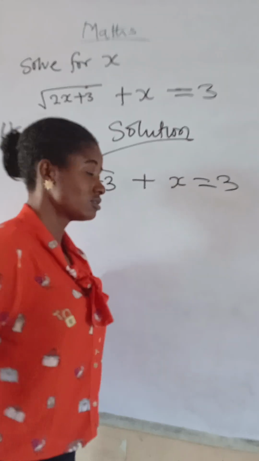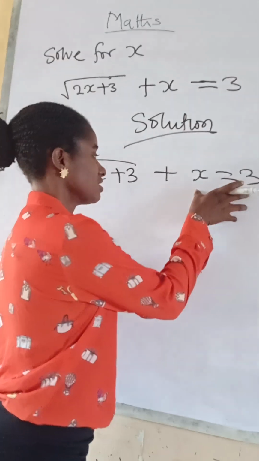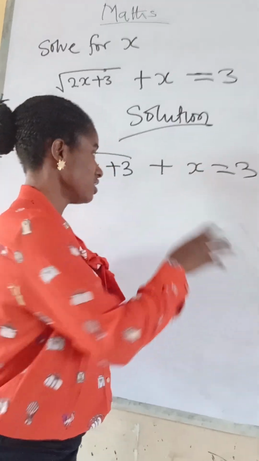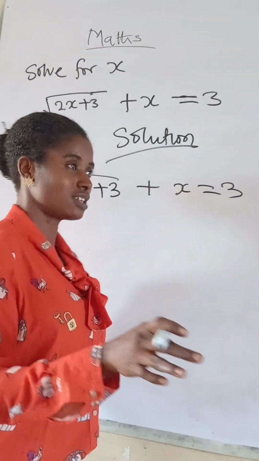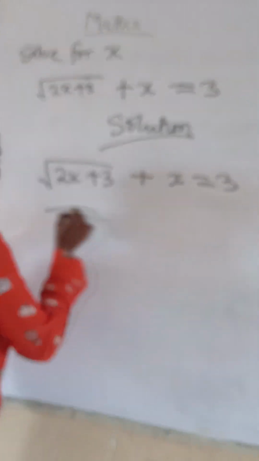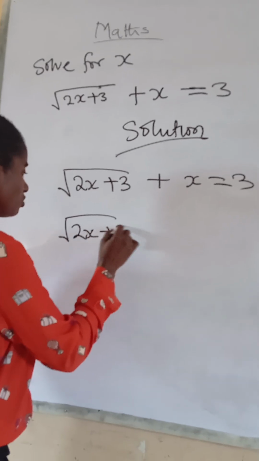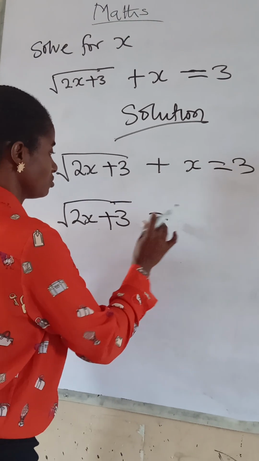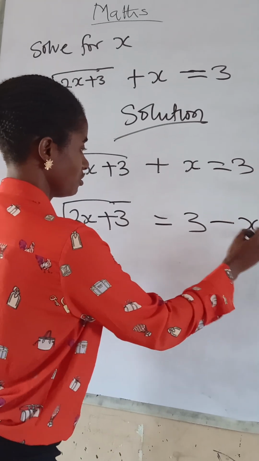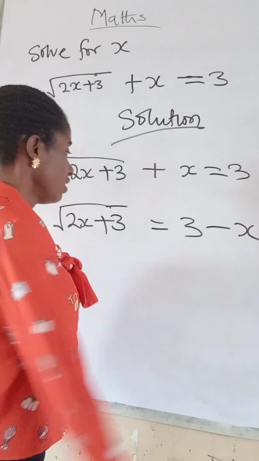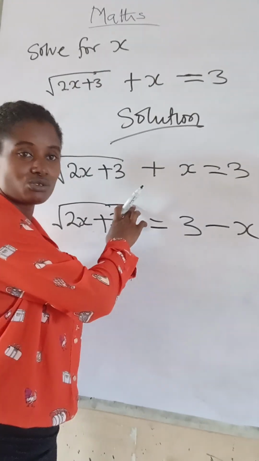This will cross the equality sign, and anything that crosses the equality sign, the sign will change from positive to negative, depending on the sign you are working with. We have root 2x plus 3 is equal to 3 minus x.